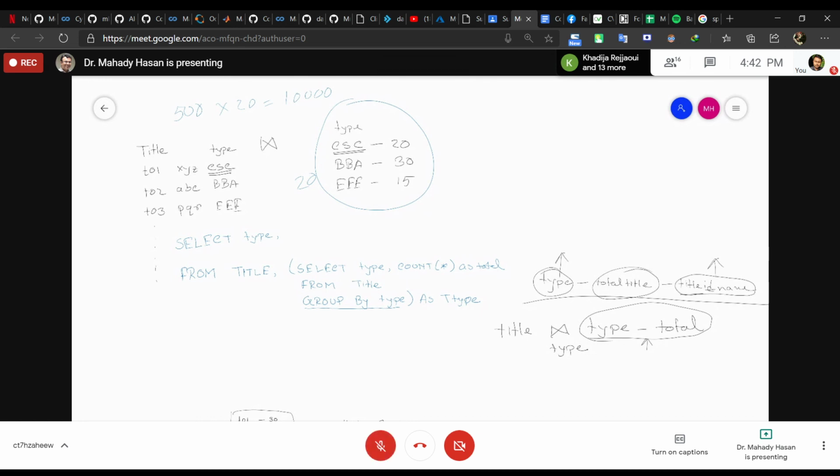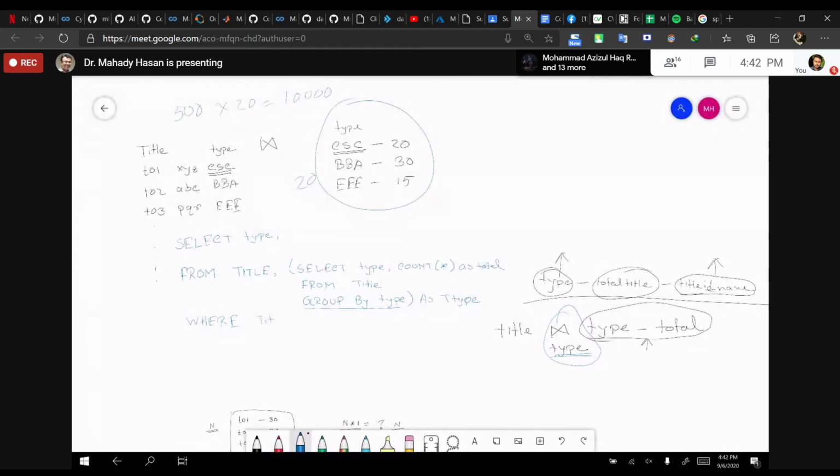That's why I have mentioned it should be joined based on type. So what we should do? We have to say where title dot type should be equivalent to T type dot type.